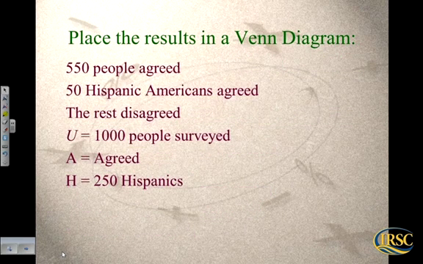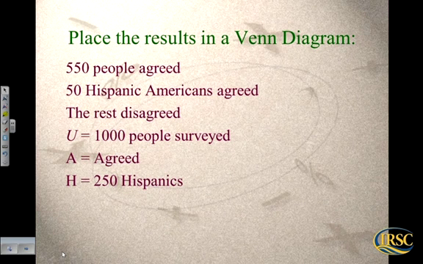Okay, so I have gone ahead and labeled that the universal set, of course, is everybody who was surveyed. So we'll use the letter A for the people that agreed, and then the only other information that you had were that some people were Hispanic. So the letter H for the 250 Hispanics that were surveyed.